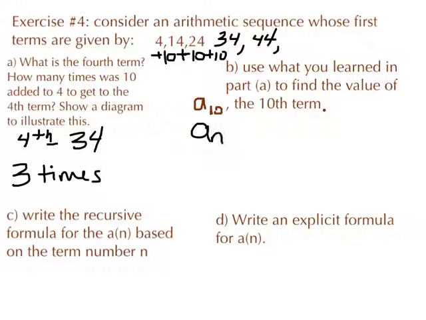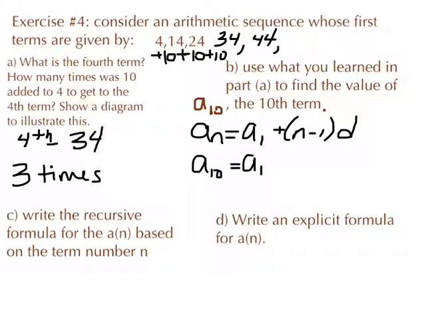A sub n equals a sub 1 plus n minus 1 times d. Now I explained to you earlier in the video how to plug everything in. It's my 10th term, so it's a sub 10 equals a sub 1 plus, in parentheses now, 10 minus 1 times d. And I'm just going to back up real quick.